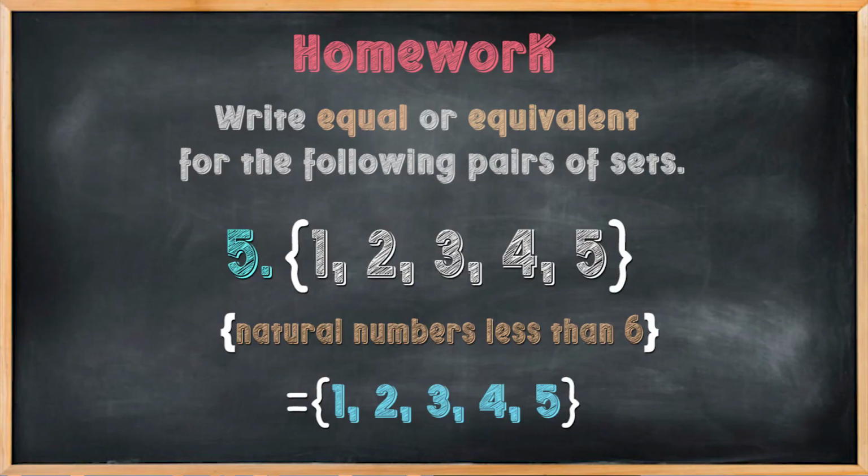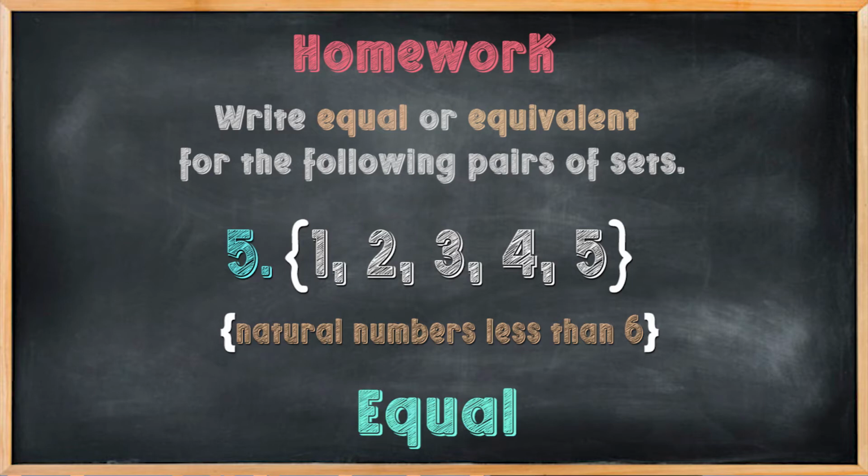Now we know that natural numbers are the whole numbers from 1. 0 is not a natural number. So the natural numbers less than 6 are 1, 2, 3, 4, 5. So it means again we have equal sets.